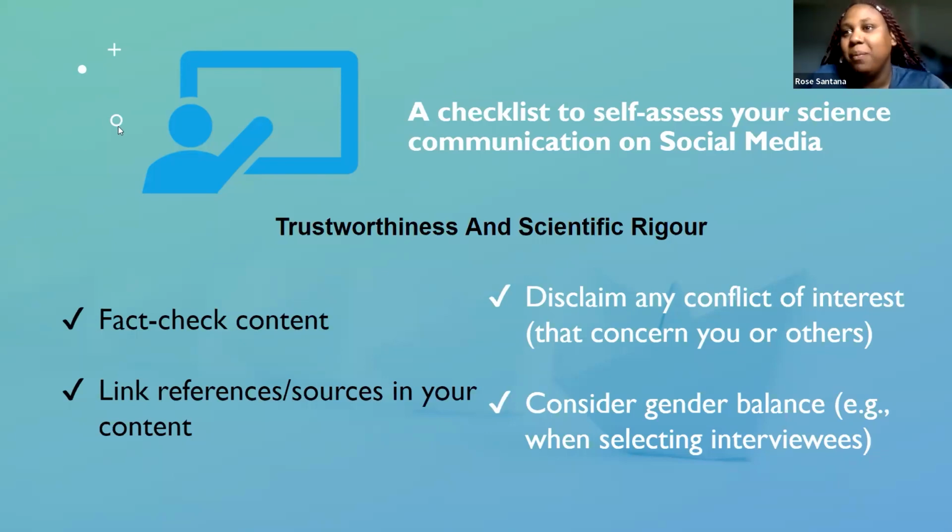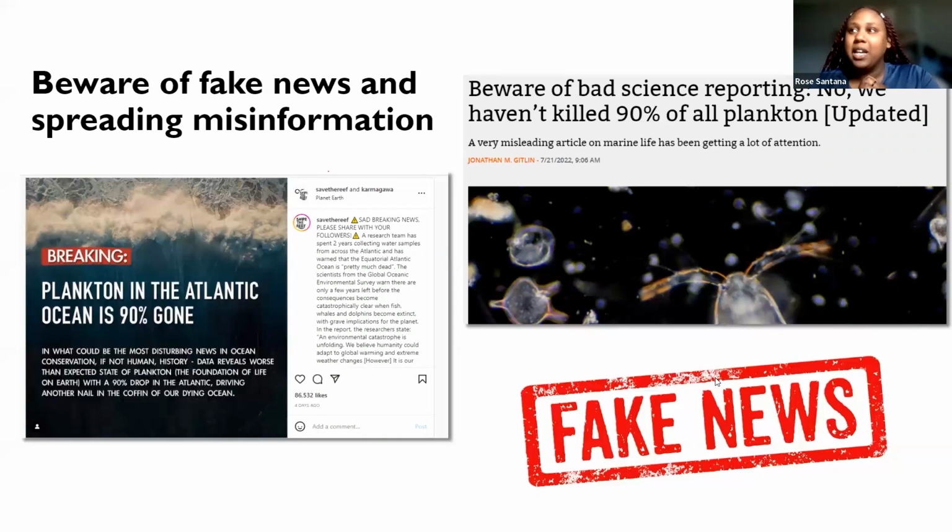So a clear example of that. Back in 2022, around July-ish, this news article went viral saying that 90% of the plankton in the Atlantic Ocean were gone. I don't know if you guys can see the number there, but it was liked 86,000 times. So it was pretty much everywhere.